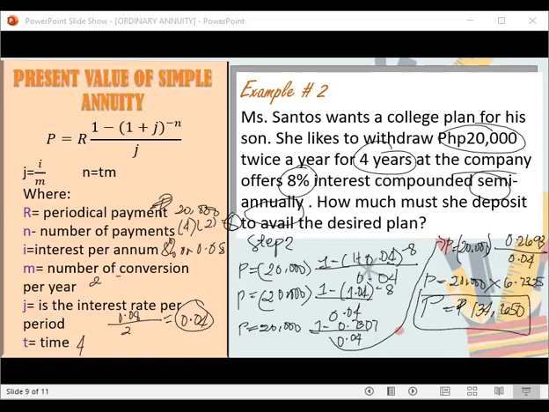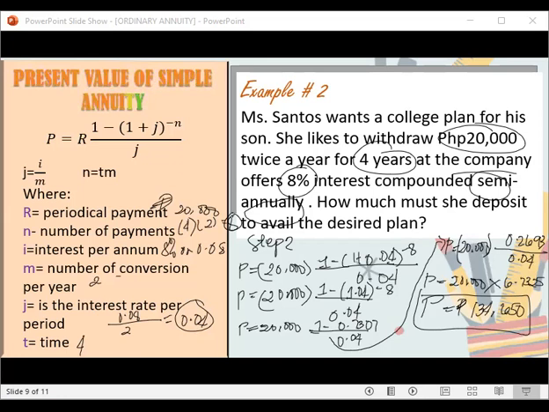So, this is the final answer. So, kailangan daw mag-invest si Miss Santos ng 134,650 pesos para makuha niya yung desired plan niya.